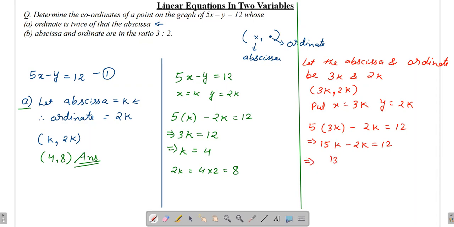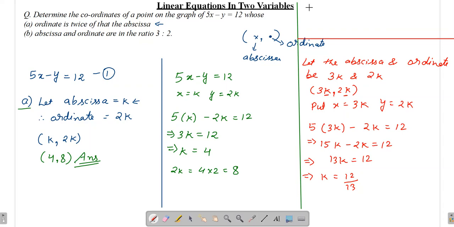It gives us 13k is equal to 12, or k is equal to 12 by 13. So this is what we have got as the value of k. Now we need to substitute this value of k in the coordinates, and from there we'll get the required answer.